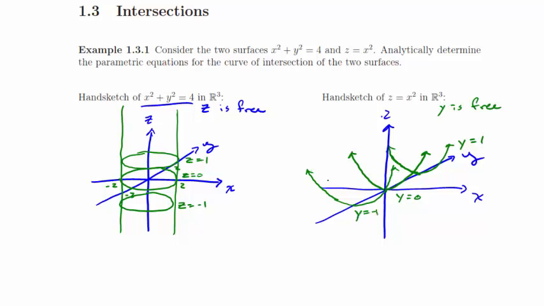And we could do this for any y value, and we'll get these, or this parabolic cylinder now in this direction.